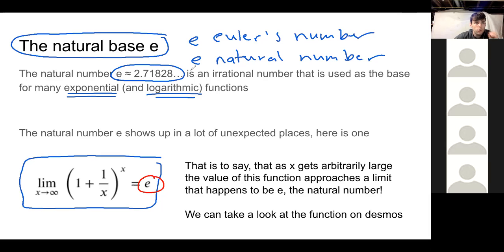We don't really have the tools right this second other than graphically to show this. If we pick some really big numbers for x, we can never pick infinity specifically because that's not a number. But if we pick some really big numbers like 1,000,000 or something, we can see that it's pretty close to E. We'll actually take a look at this on Desmos. So let me pull that up.